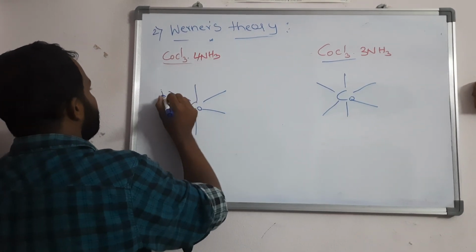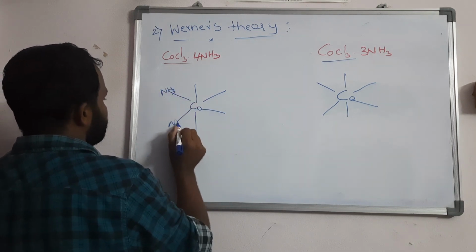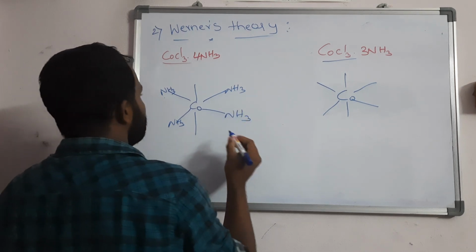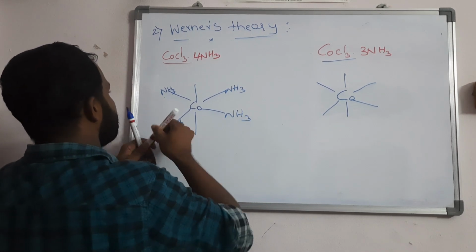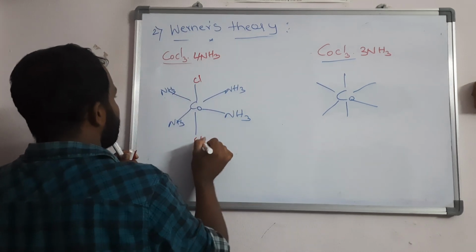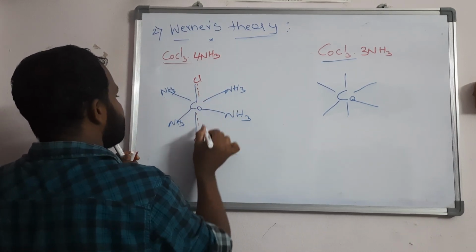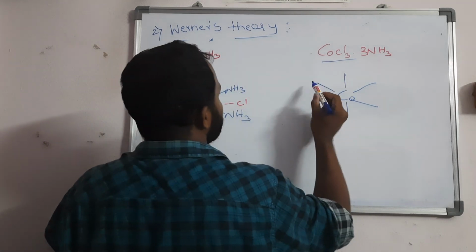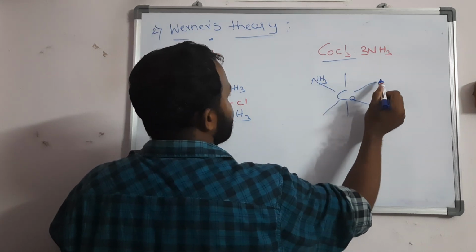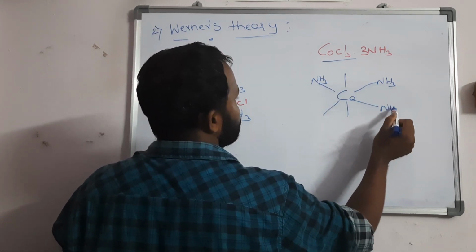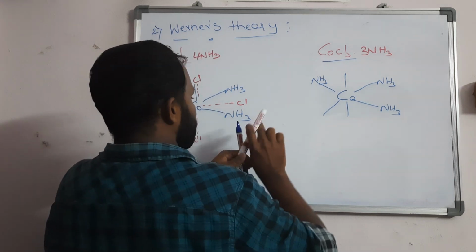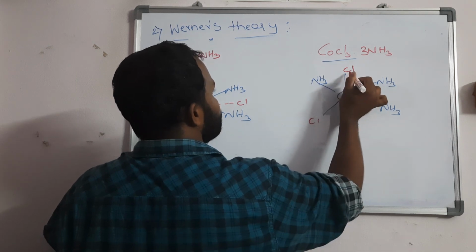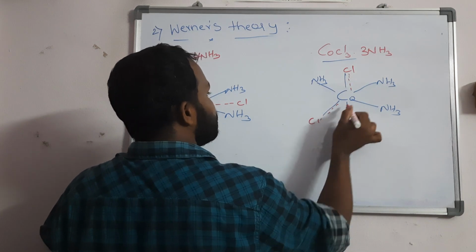First write how many amines you want: NH3, NH3, NH3, NH3, 4 amines are present. The remaining are chloride. This is the chloride, this is the chloride, which satisfies both primary as well as secondary valency. This is one more chloride, because 3 chlorides are there. Here chloride, this is a chloride, this is a chloride. This satisfies both primary as well as secondary.